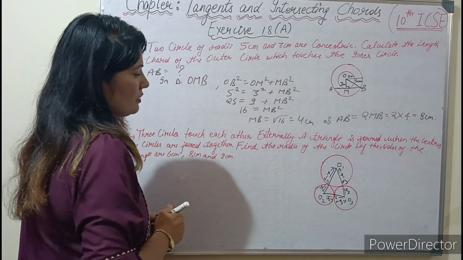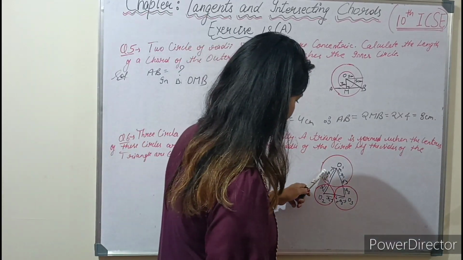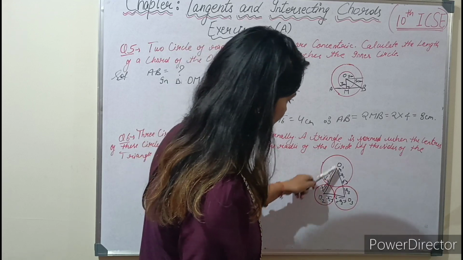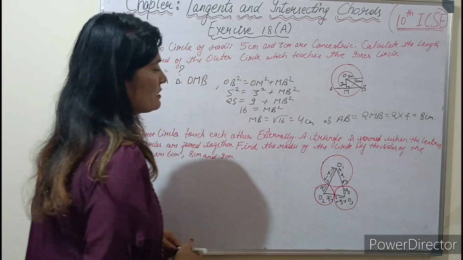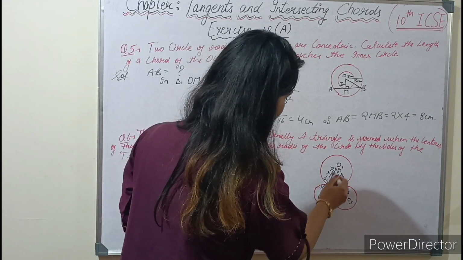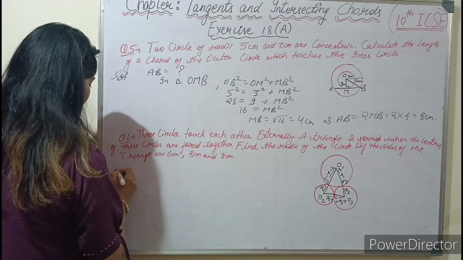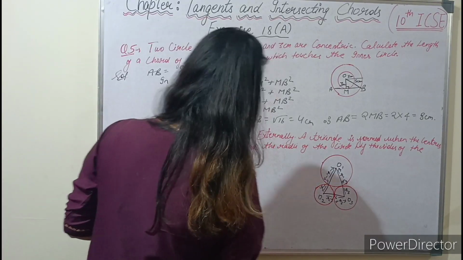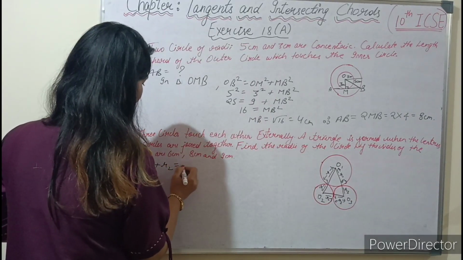So from this figure we can write that R1 plus R2, this value is 9. It's given to us that the side of the triangle is 9 cm. So here easily we can write that R1 plus R2 is equals to 9.